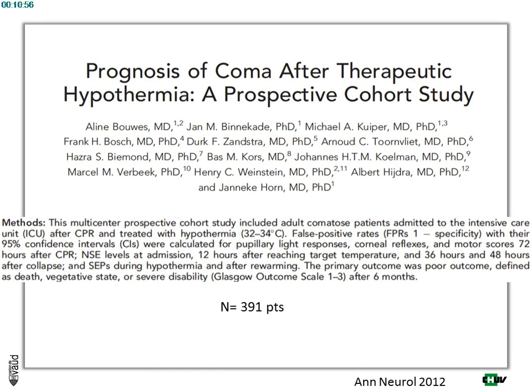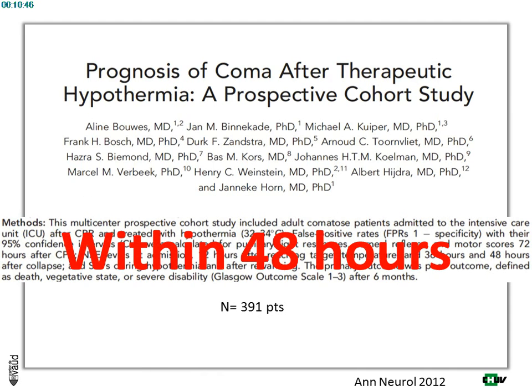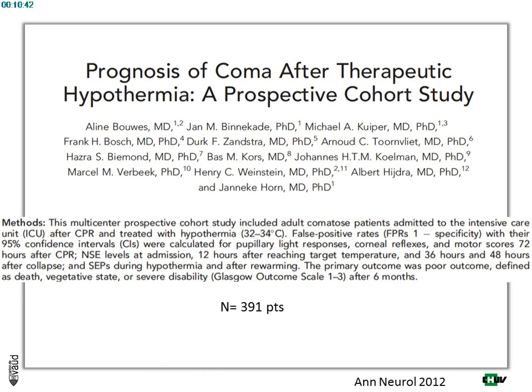This is the largest study published by a group in the Netherlands, Yannick Hoorn, 391 patients, serial tests, evoked potentials within 48 hours. So they had a clinical examination, NSE levels, and somatosensory potentials during the hypothermia phase and after rewarming.